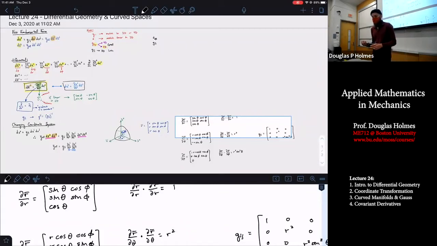So, we transformed coordinate systems. Why do we care about knowing the metric tensor in different coordinate systems? And before I answer that, let me see if there's any questions I can help resolve.